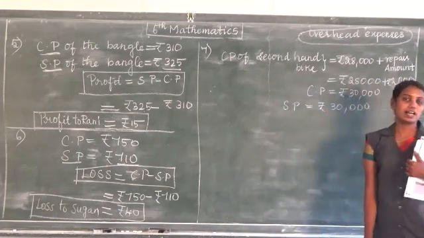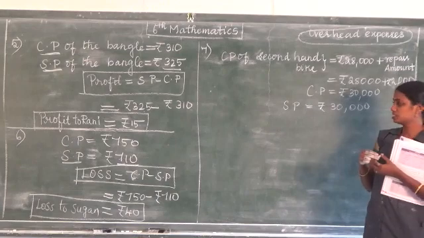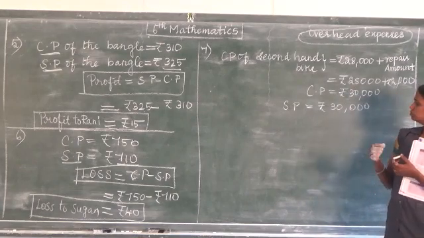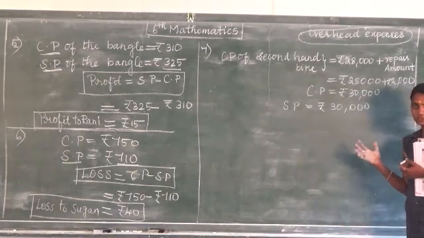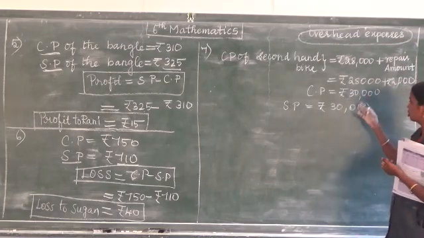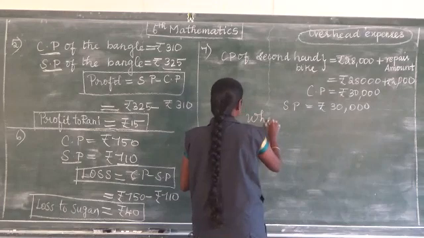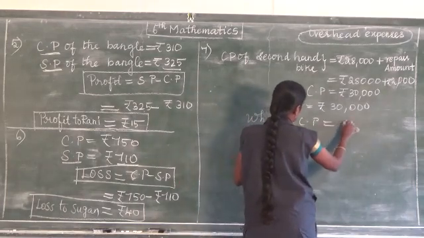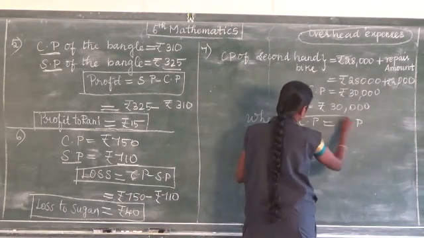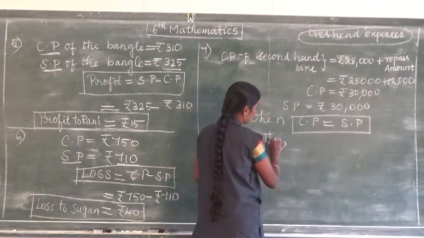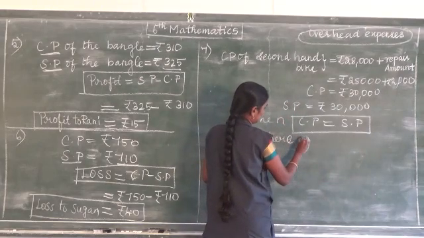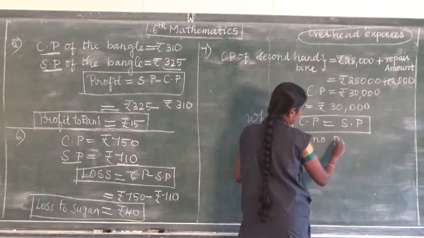Then does he have profit or loss? Does he have profit? No. Does he have loss? No. Why? Because both amounts are the same. When the cost price and selling price are the same, there is no profit or loss.